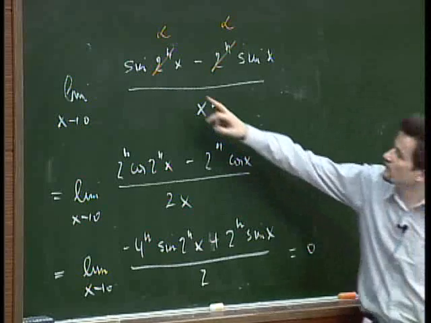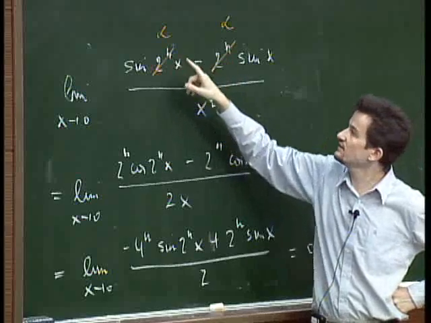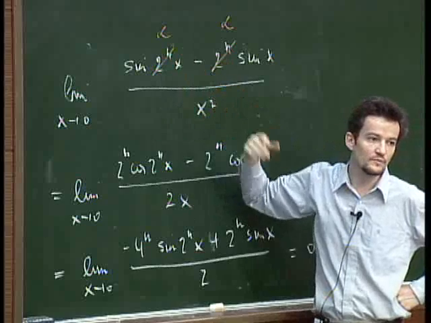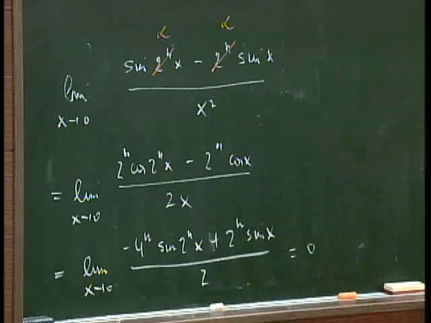If alpha is 2 to the n, you can still handle the case differently. But if you have, for instance, square root of 2, it will be pretty hard to find a method which doesn't use the rules of L'Hopital.